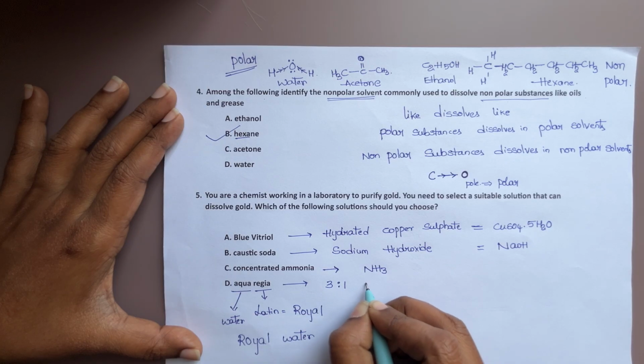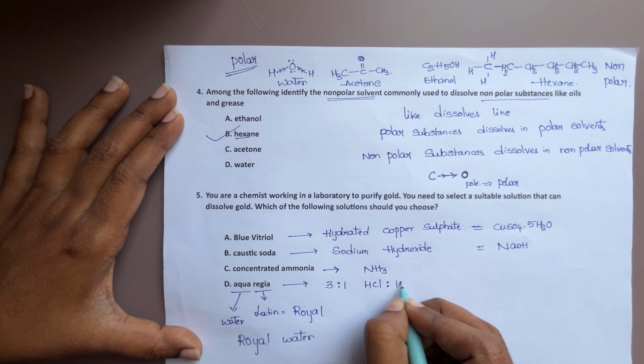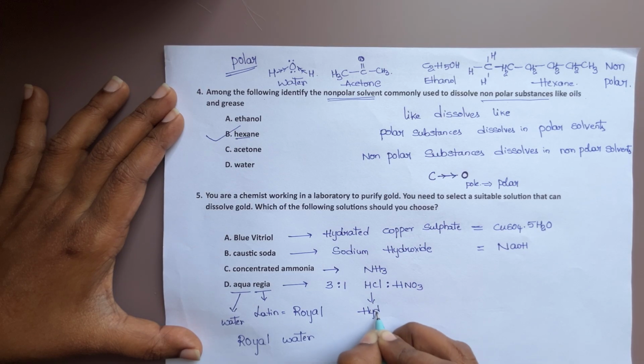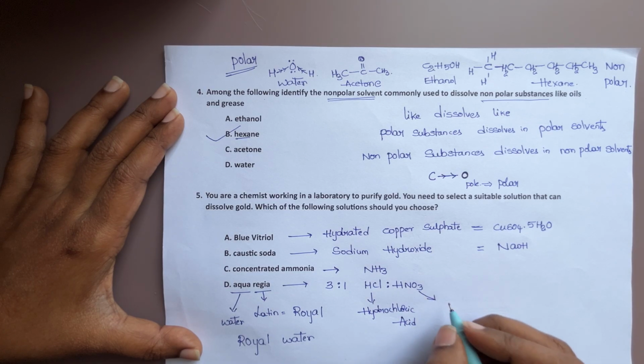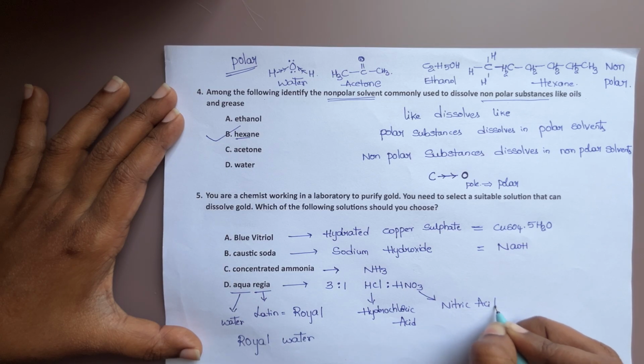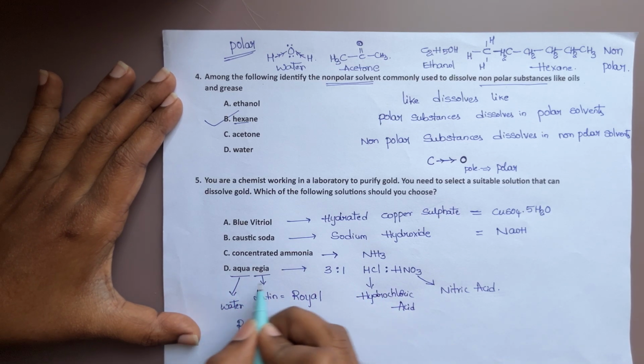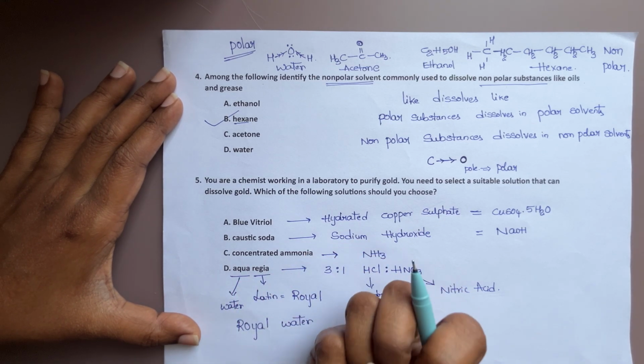A 3:1 ratio of HCl and HNO3, means hydrochloric acid and HNO3 is nitric acid. So this aqua regia has the property to dissolve gold.